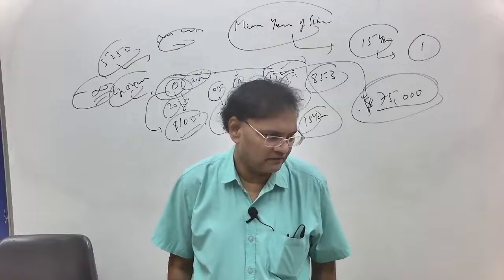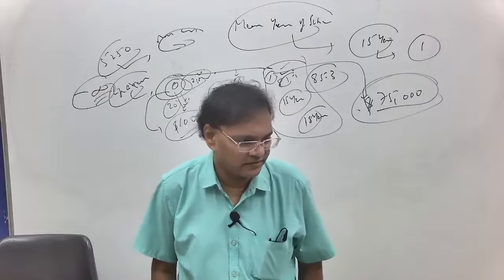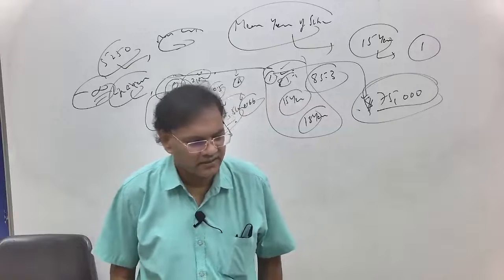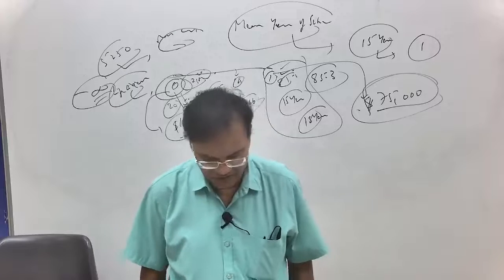Philippines and Venezuela were part of high development category countries. Thanks to Corona, they have slipped into medium development category countries. That's what we are saying.